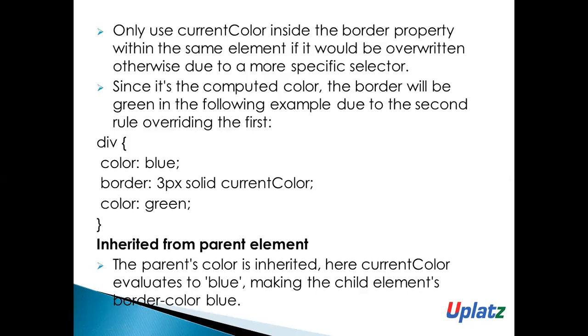Since it is a computed color, the border will be green in the following example, due to the second rule overriding the first. For div, color blue; border I have mentioned as 3px solid currentColor; and color would be green.